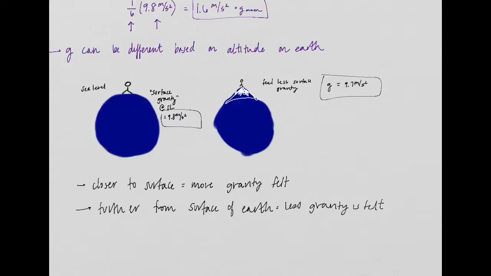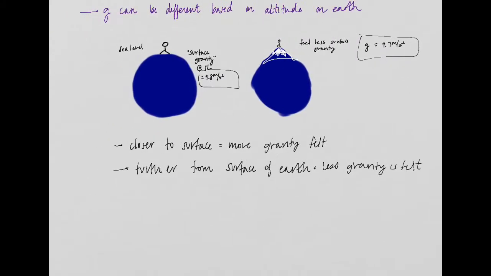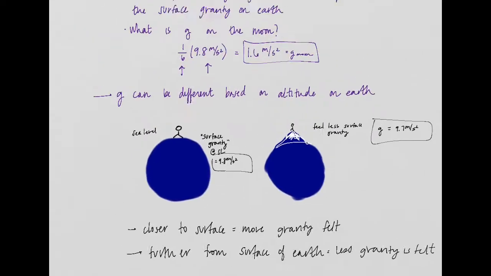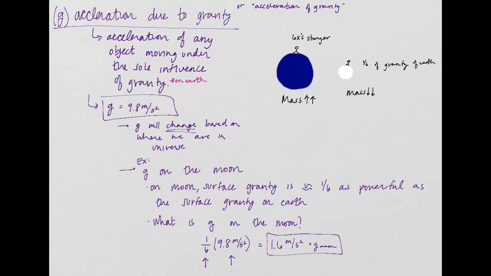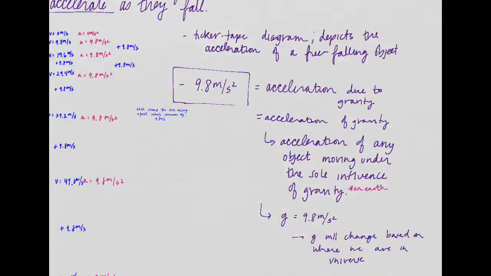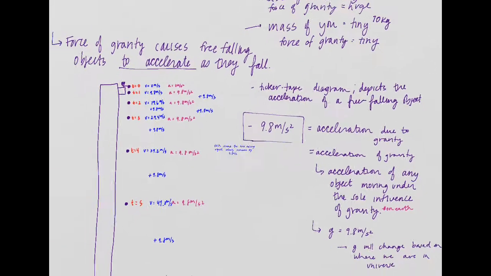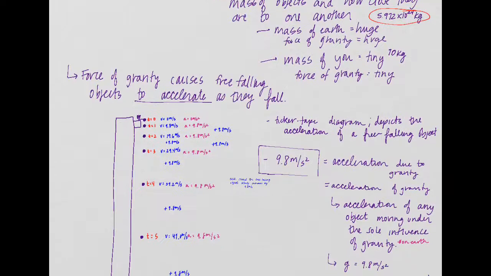I think we have time for one more little piece of information here. Actually, no. We're going to stop there because tomorrow we're going to be representing free fall by graphs. So what we went over today was acceleration due to gravity. We also talked about how velocity is impacted by acceleration due to gravity, right?